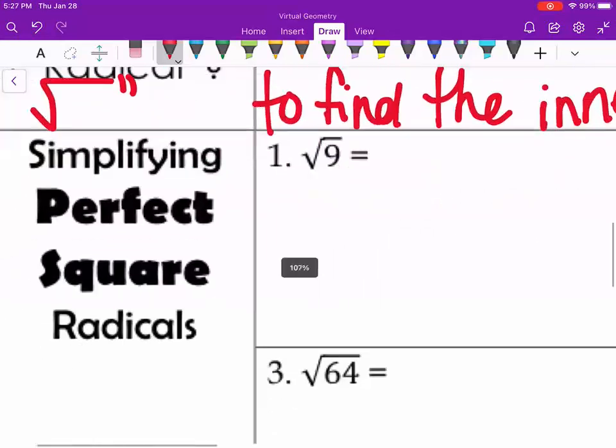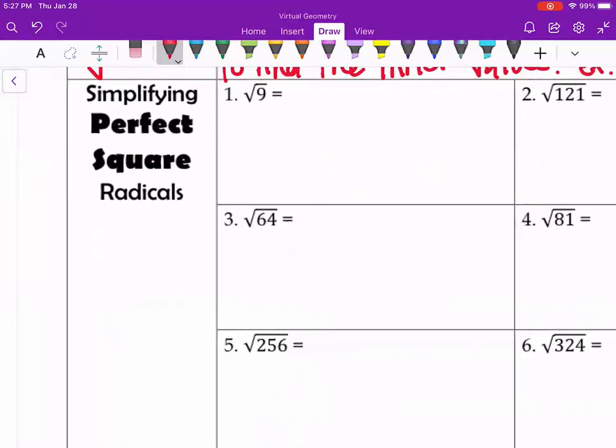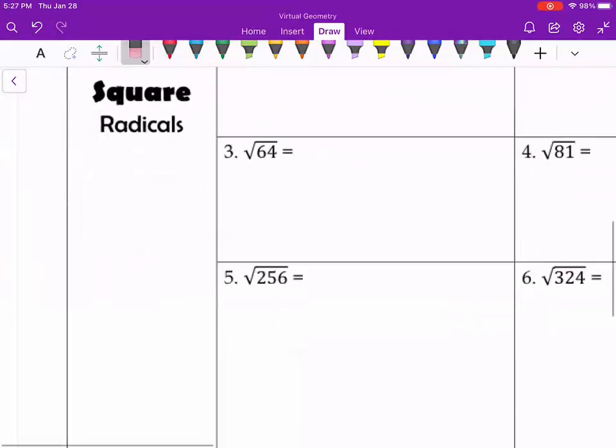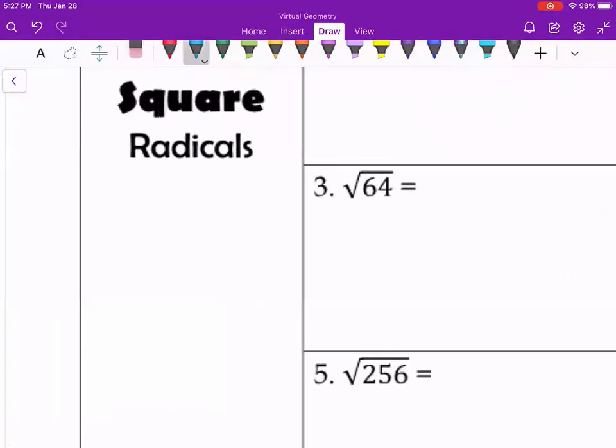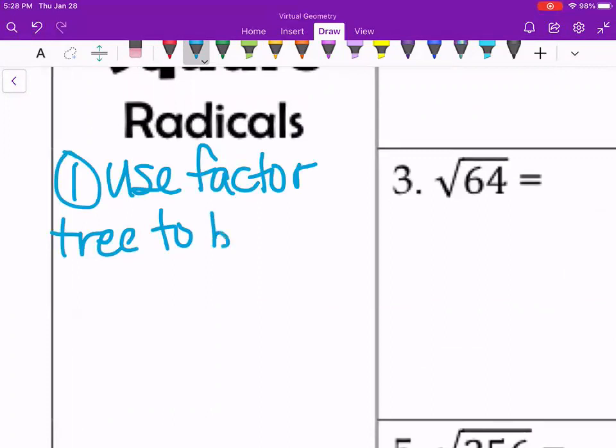So let's see what happens. There are some things we can do to figure out some of these square roots if you don't recognize them right away. First things first, we're going to use the factor tree to break down the values.